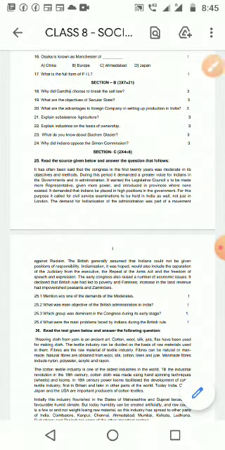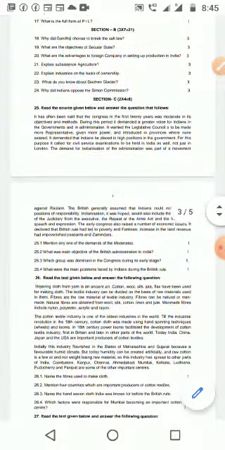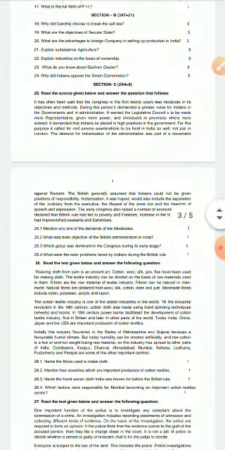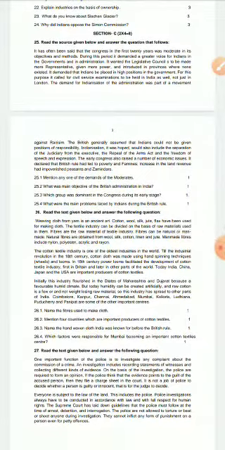Then when you get paragraph questions, section C, read the paragraph very carefully. It is from the textbook only, not any outside passage. It is the same thing that is in the textbook. Sometimes you may get a picture, even in the first 1-mark question, and you have to write the meaning of that particular thing. So read questions very carefully.